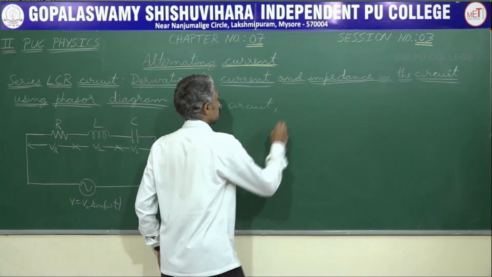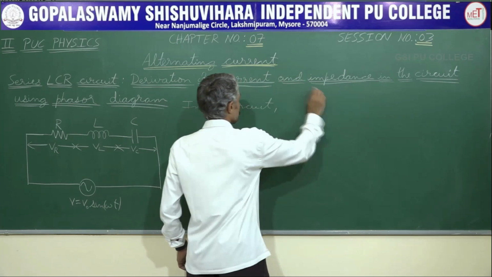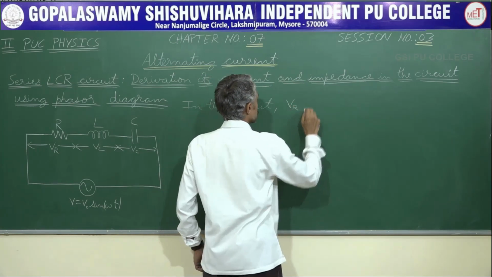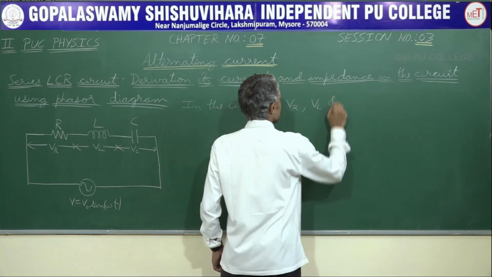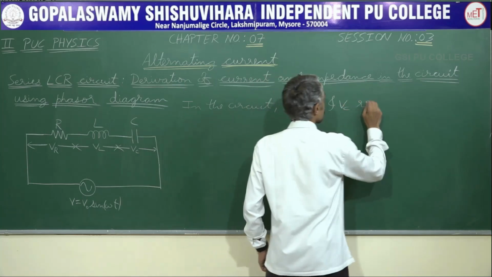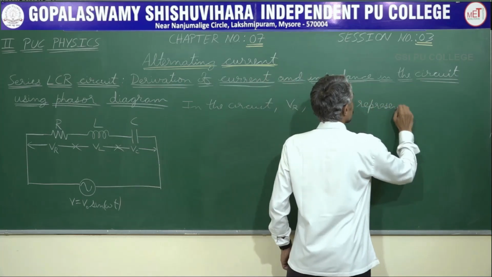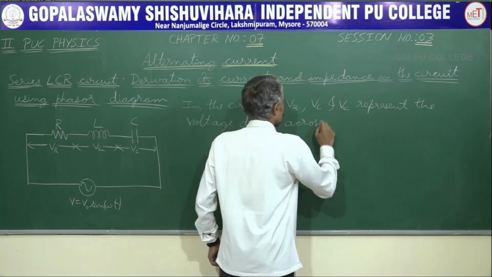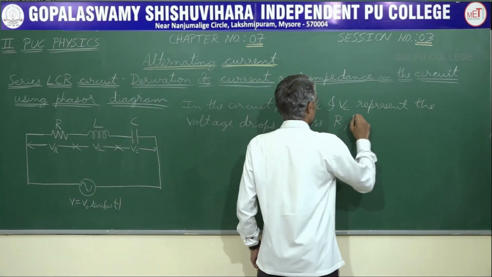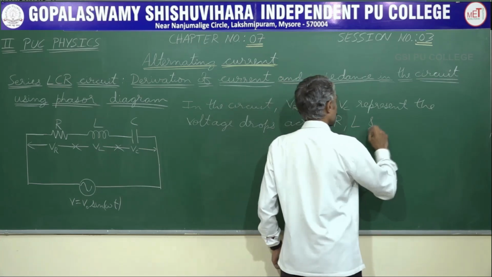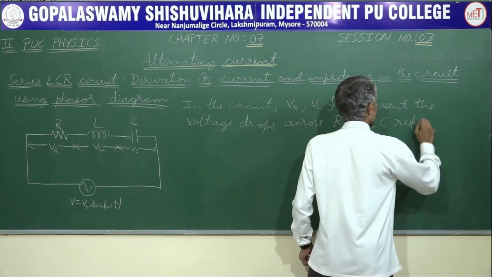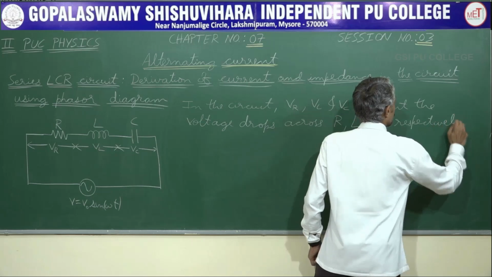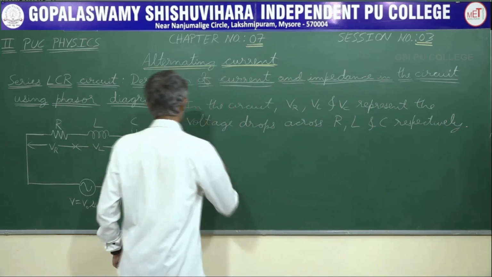So in the circuit, VR, VL and VC represent the voltage drops across R, L and C respectively.